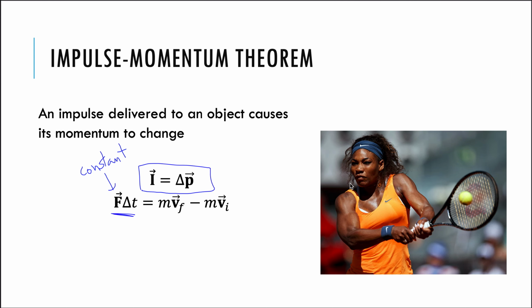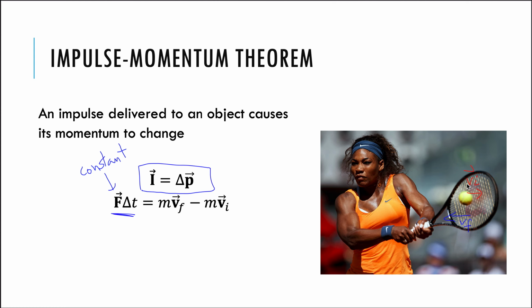I like to think about playing tennis. Let's look at Serena Williams here. She is exerting an impulse, delivering an impulse to that ball with her tennis racket. What's happening before the impulse is that the ball is moving to the right. What's happening after the impulse? The ball is going to move to the left.